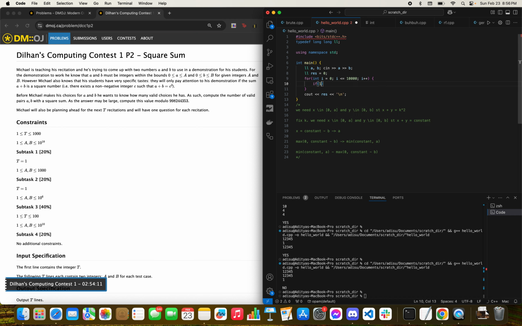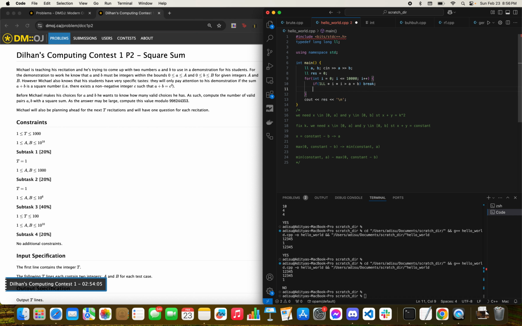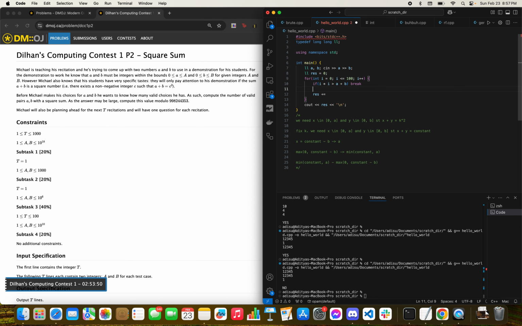So if 1ll times i times i is greater than a plus b, break. Why not? Alright, so res plus equals, what is it? LL cons equals, it's small, right? Why are we even messing with this? And cons equals i times i, right?